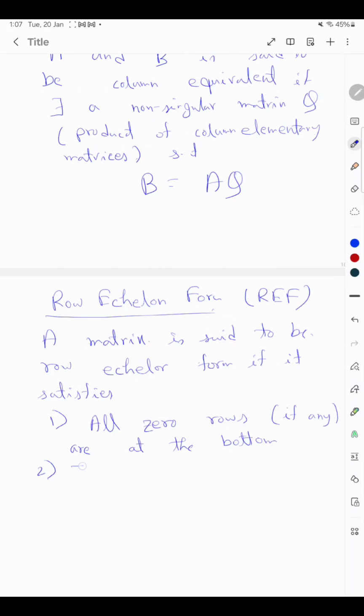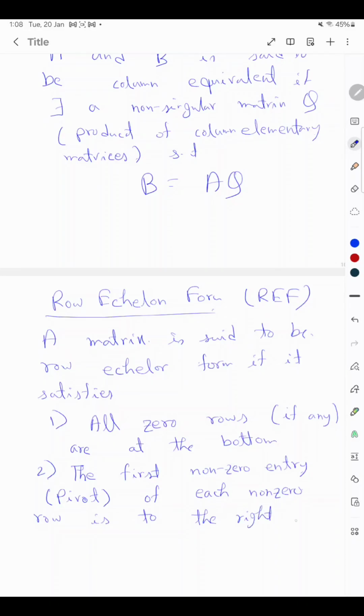Second, the first non-zero entry of each non-zero row, that type of element is actually called the pivot, is to the right of the pivot of the row above.